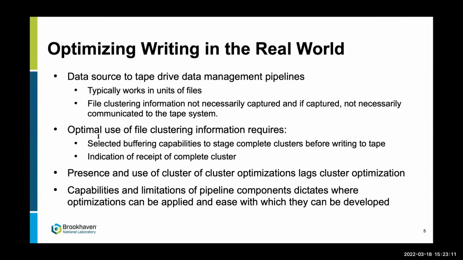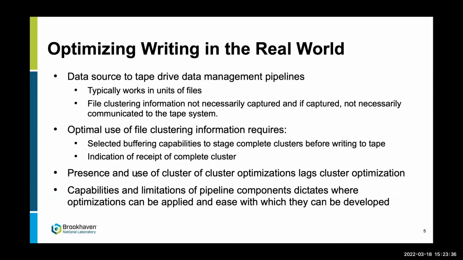In addition, in order to do optimized writing, you need to be able to buffer complete clusters onto disk before you write them out to tape, right? And this is where receipt of a complete cluster becomes important. You need to know how long you need to buffer something before you can push it out to tape, right?